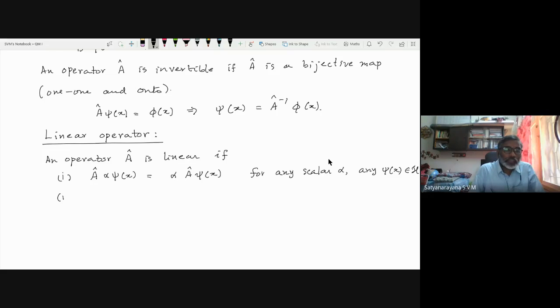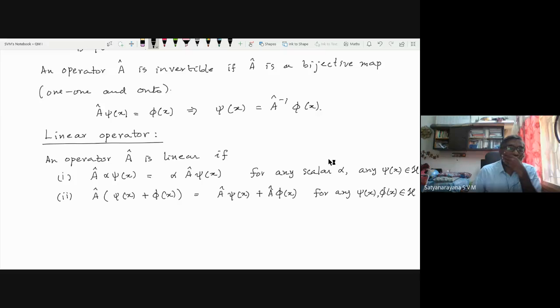The second thing is that when A is acting on psi of x plus phi of x, then this must be written as A on psi of x plus A on phi of x, for any psi of x, phi of x in the Hilbert space. If these two things are satisfied, then we say it's a linear operator.